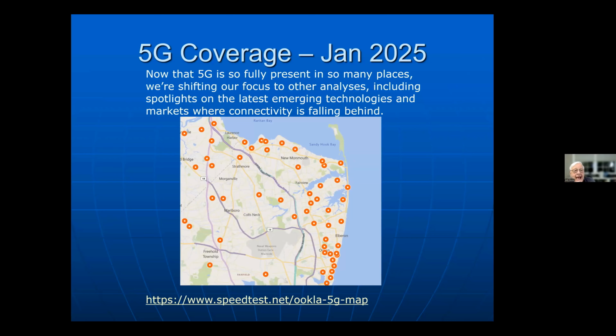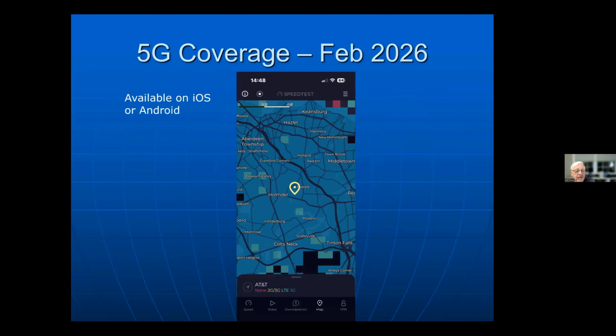Now, right now, in February of 2026, the way we find out what coverage is available is we have apps for our iOS and Android phones that produce pictures like the one you see here. This happens to be the AT&T coverage in our area now, where it looks like we have lots and lots of 5G coverage, and there's still some spots of LTE here in various places. So this is the way we're going now in terms of what is the coverage.